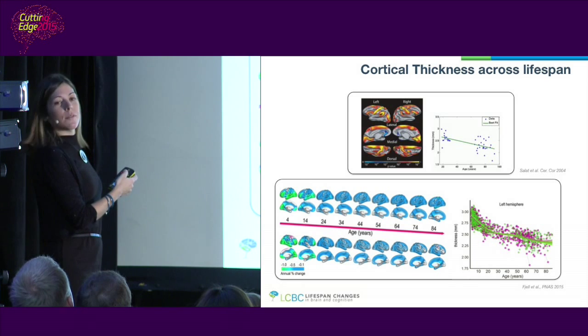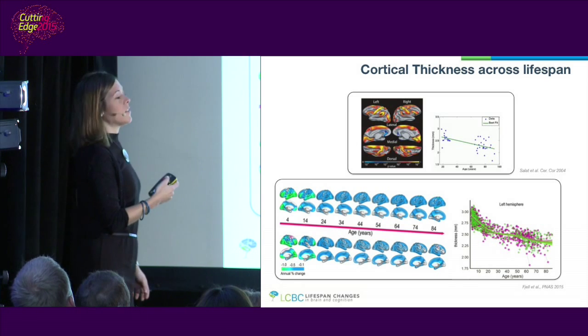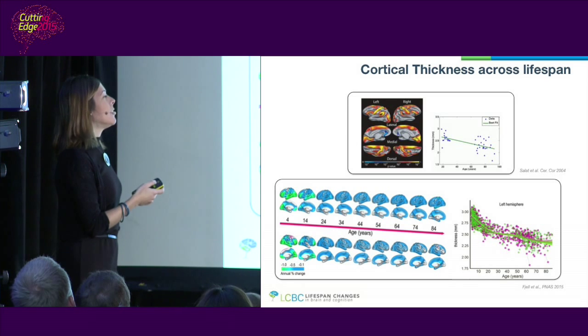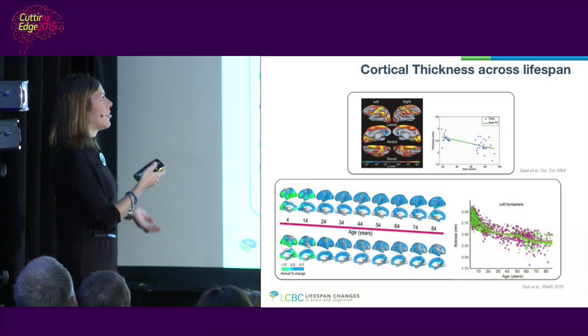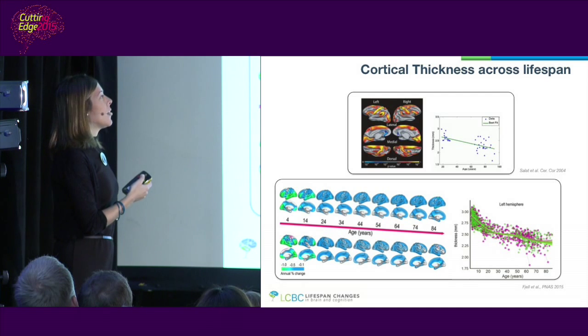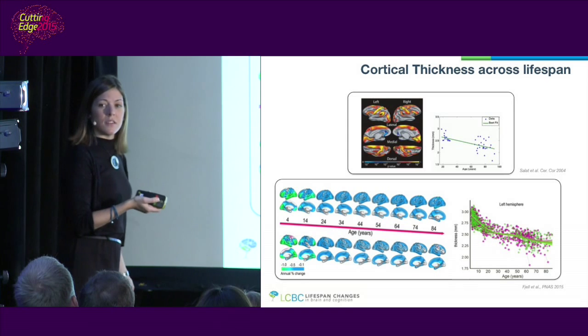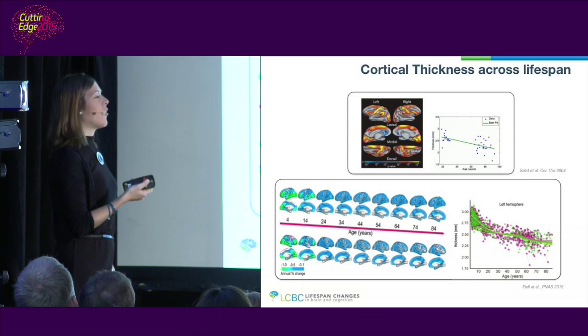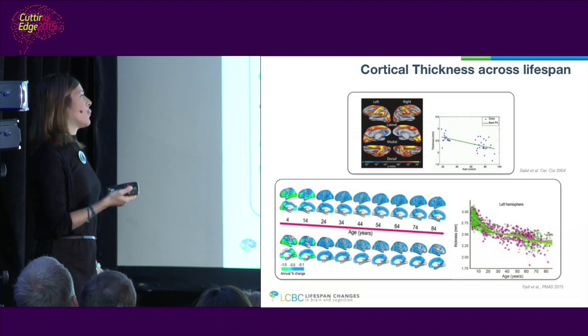But if we put some subjects together and we analyze this cortical thickness across the entire surface, we can see, for example, which areas decrease with age. We know that our brain gets more atrophic with age.